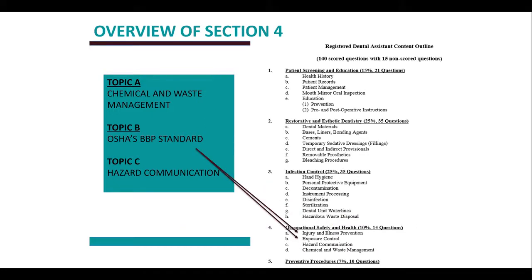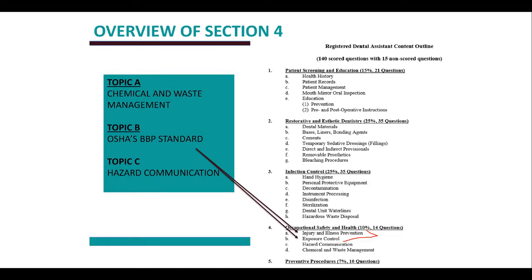Then what I've done is merged A and B over here in the exam plan outline, injury, illness, and prevention, and exposure control, which are both covered in OSHA's bloodborne pathogen standard.